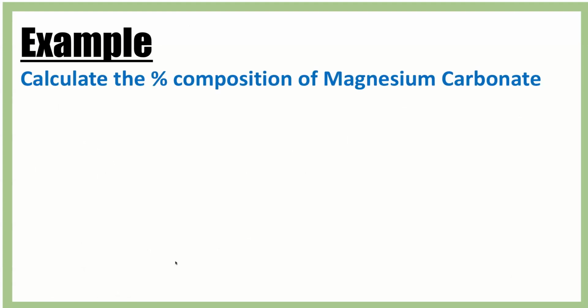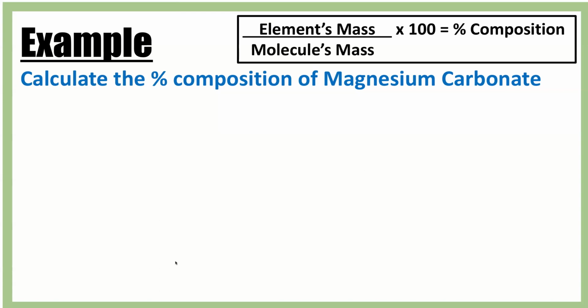All right, so for example, let's calculate the percent composition of each element in magnesium carbonate. Got to know your ions. You got to be able to write a formula so you can actually do this. So, reminder, percent composition is just element's mass over molecule mass.